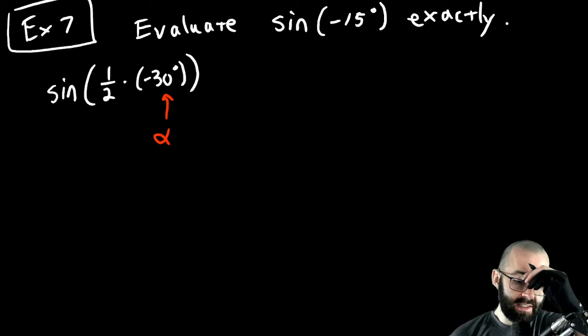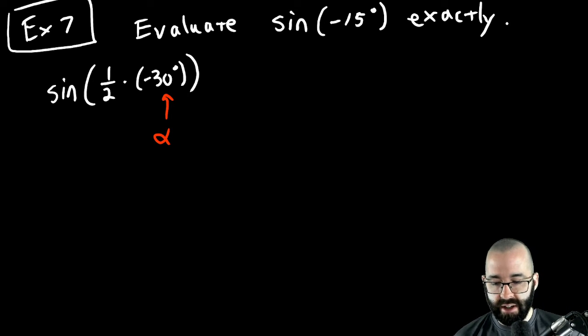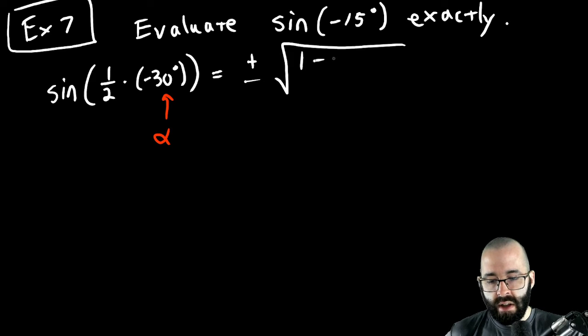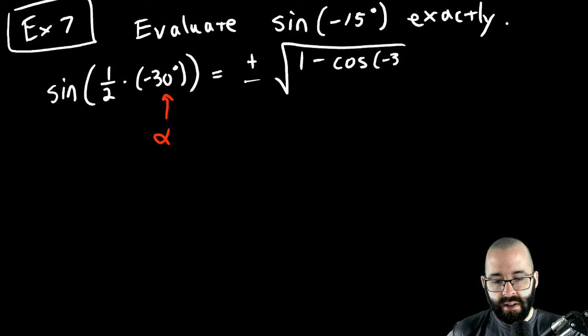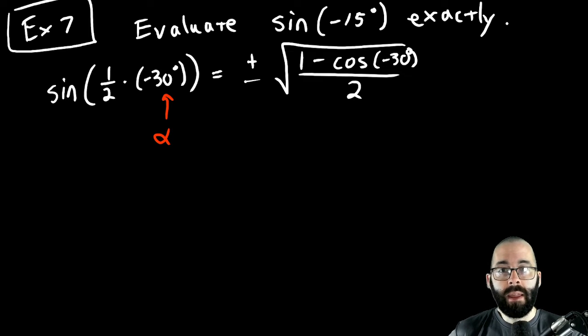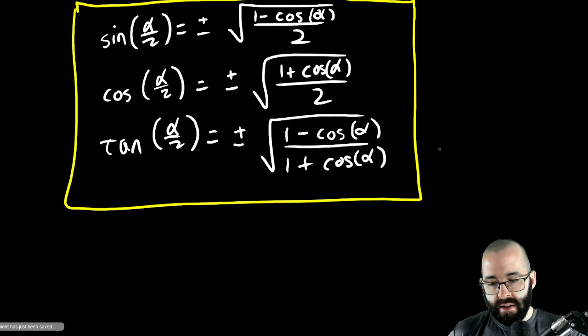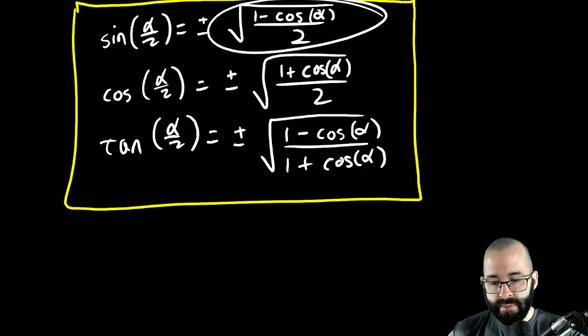But here, we're going to say that this is 1/2 of negative 30 degrees, and then use the formula. The sine of alpha over 2, which is 1/2 times alpha, is the plus or minus square root of 1 minus cosine of alpha, where alpha is negative 30 degrees, all over 2. Right? That's the sine of alpha over 2, this formula.